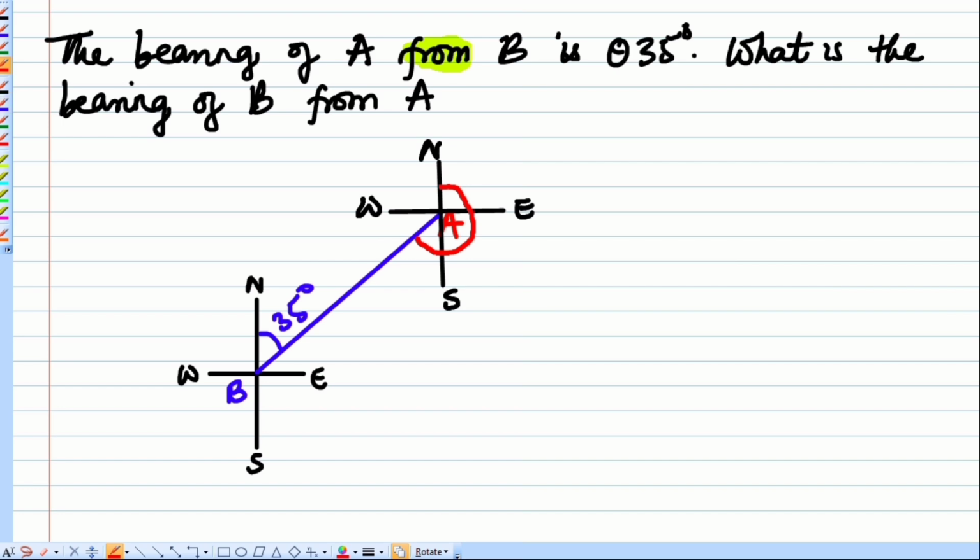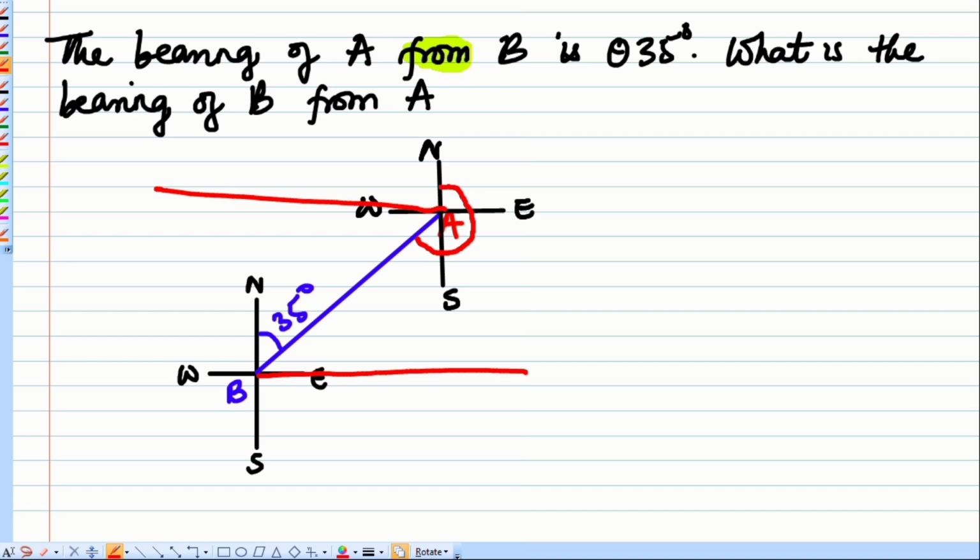Now one thing we must know is that if you consider this east line from B and this west line from A, you discover that they must be parallel to each other. So the line that takes us from A to B and B to A, vice versa, is going to be kind of like a transversal.